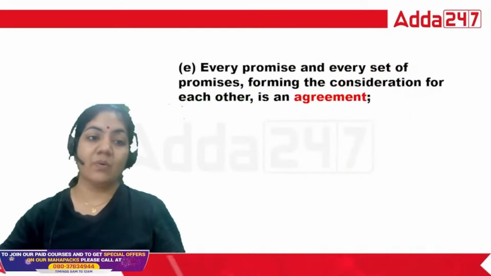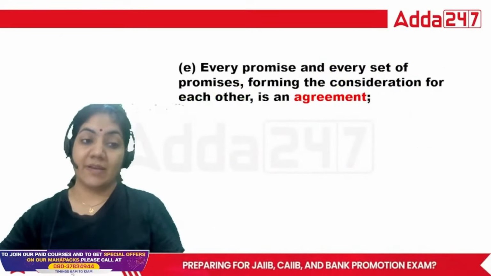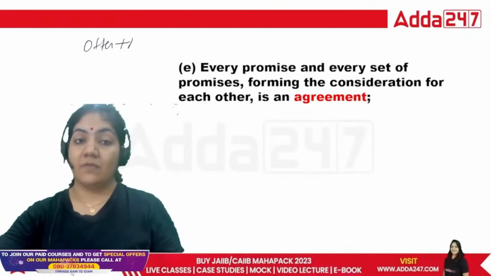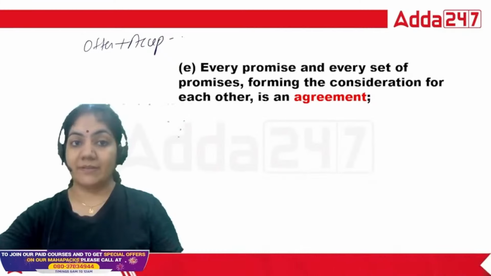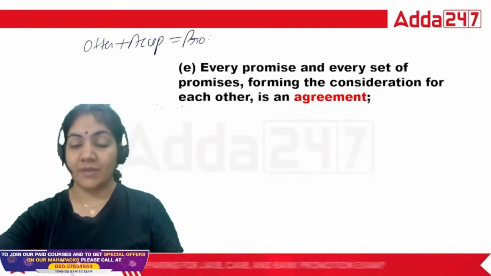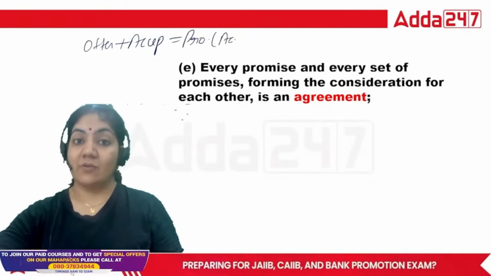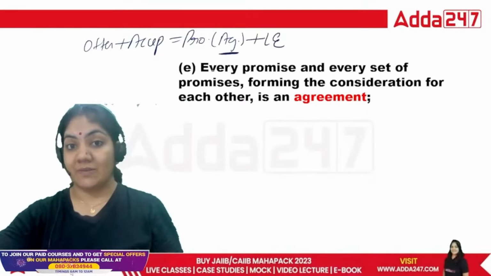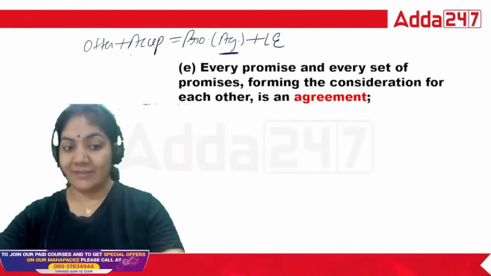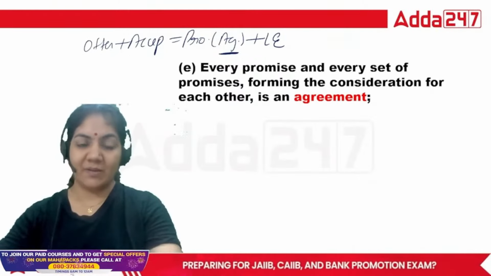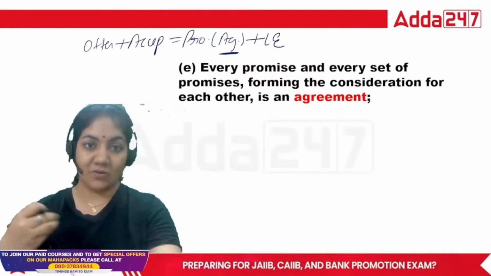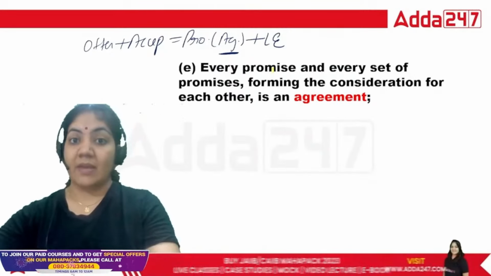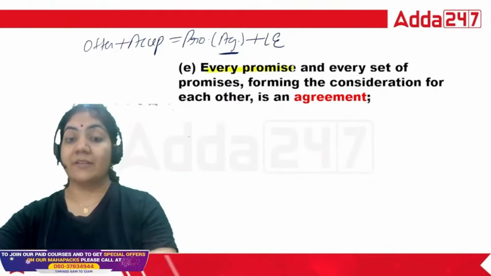Next, what is an agreement? Agreement is nothing but this formula: offer plus acceptance is equal to promise. Promise in legal terms is called an agreement, and agreement plus law enforceability gives a contract. So when an offer is accepted, that is called an agreement.